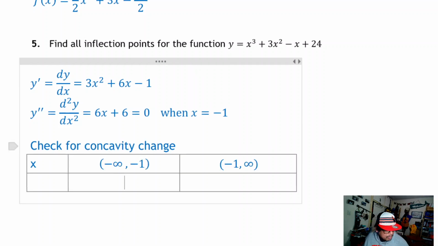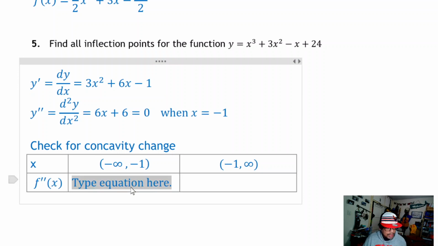Just like last time when we did the first derivative chart, make sure that you are notating. We're saying that our first line is f of x, and our second line is going to be the second derivative of x.